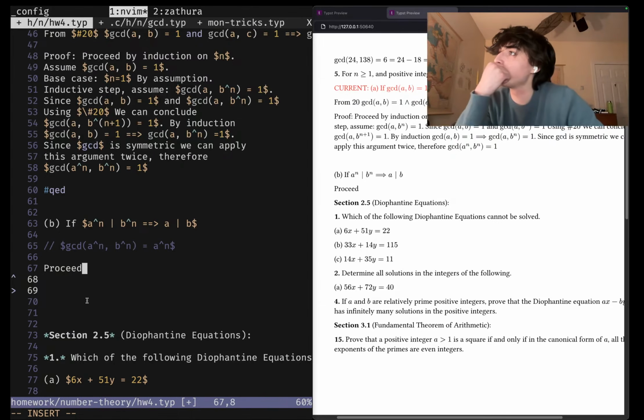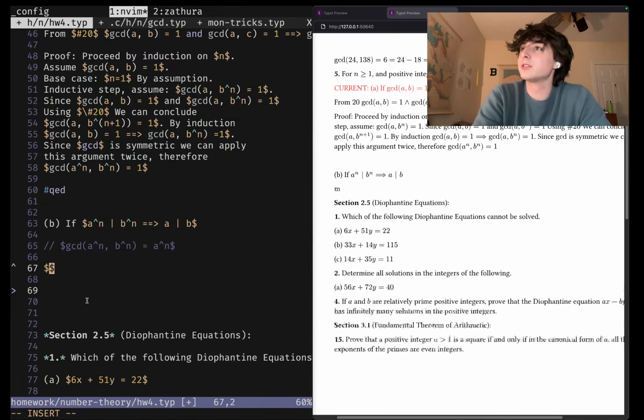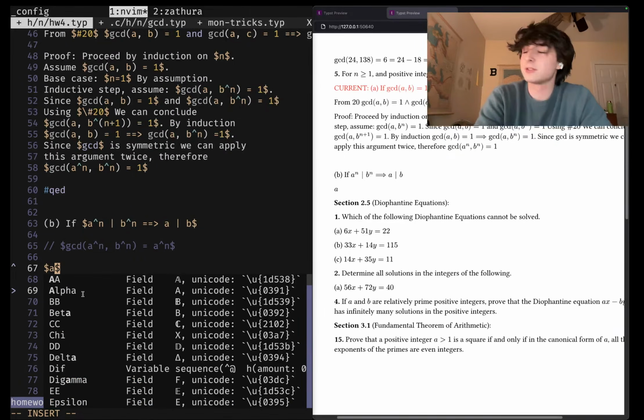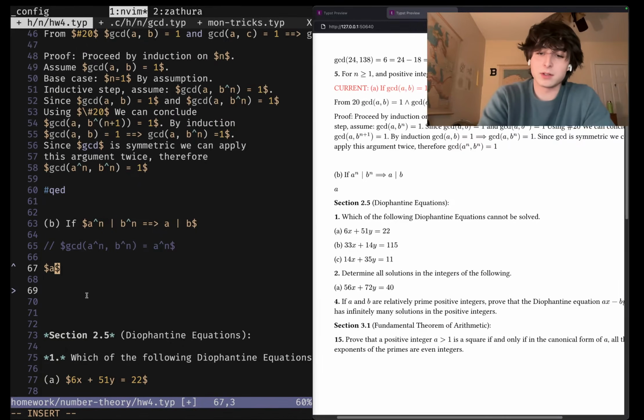Right. Yeah. For n equals 2, so A squared divides B squared.